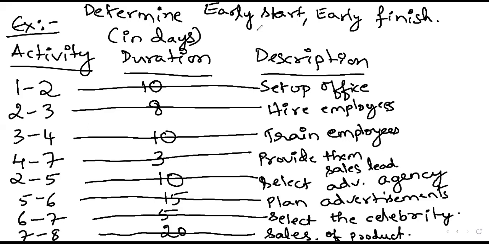I assume that you have listed all these activities and written the description for all of them. Now draw the network diagram for this. Just refer to the previous problems.